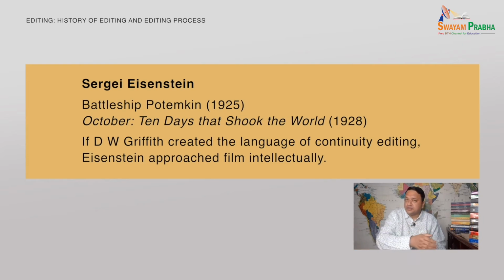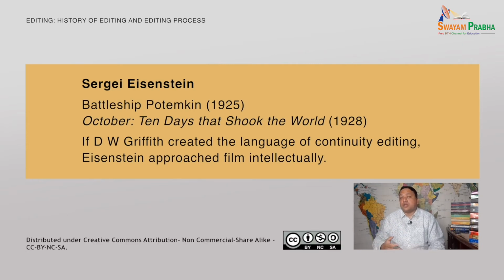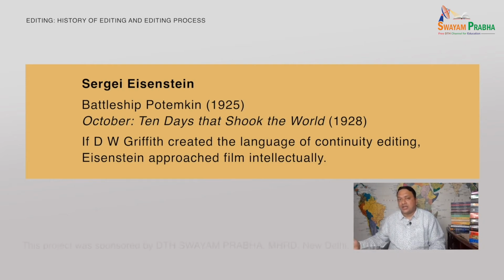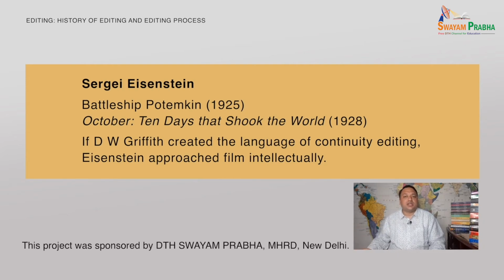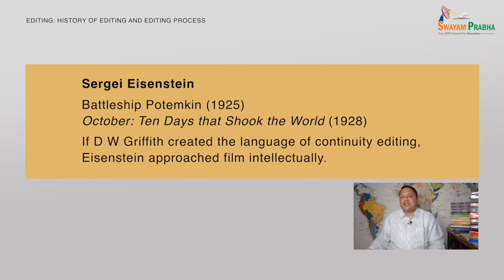D.W. Griffith and his American contemporaries helped in creating an enhanced version of live theater which was more sophisticated. But for Sergei Eisenstein and his Russian contemporaries, the continuity system was a form of bourgeois, since it helped create a manipulated and illusionary version of reality.